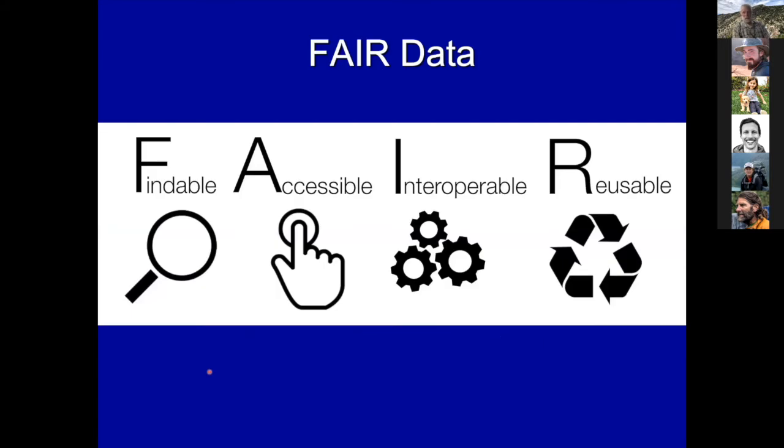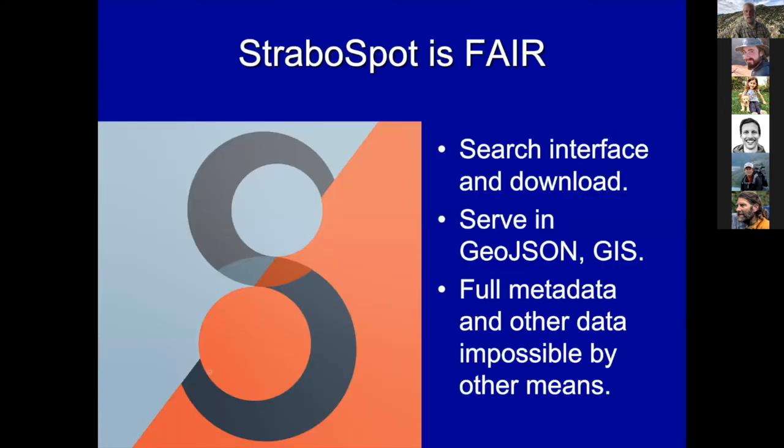This whole idea of GeoJSON, very portable, very open web services, is again something we talked about early on with FAIR data: findable, accessible, interoperable, and reusable. Fundamentally, you can package data this way, and that's how Strabo Spot is doing it. It's trying to be FAIR. You have an interface where you download, you serve the data in either GeoJSON or GIS formats.